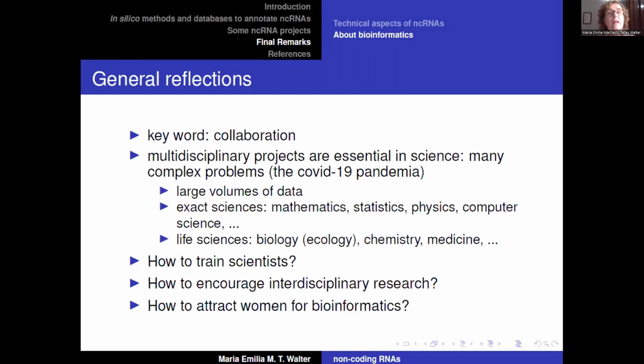And we have interesting projects like how to train scientists, how to encourage interdisciplinary research in this world of so big and complex problems. And finally, in the context of this event, how to attract women to bioinformatics.